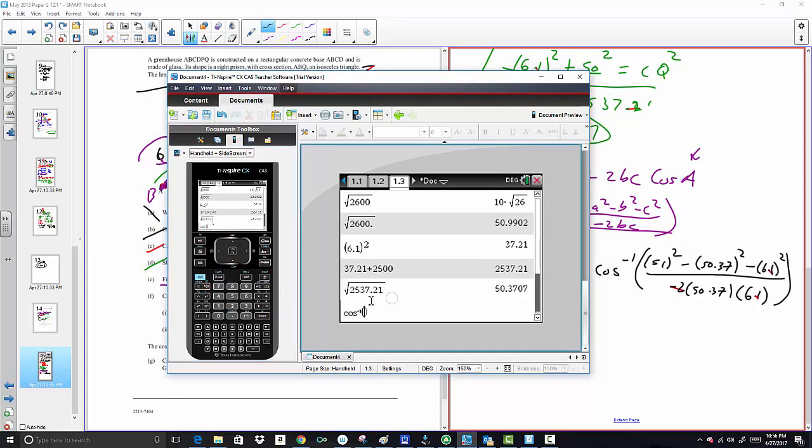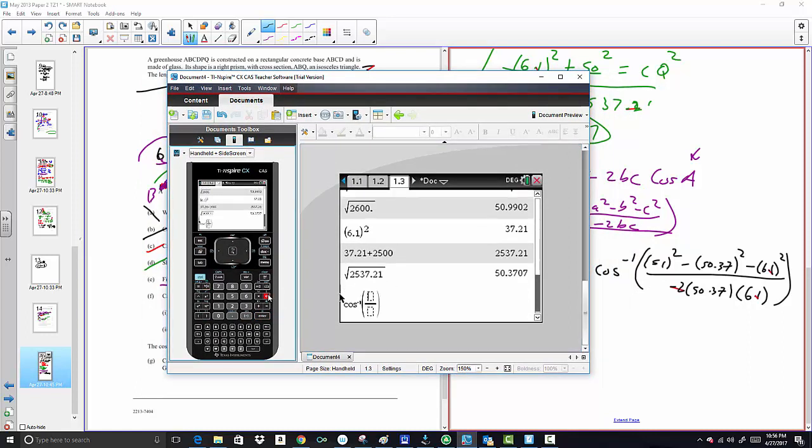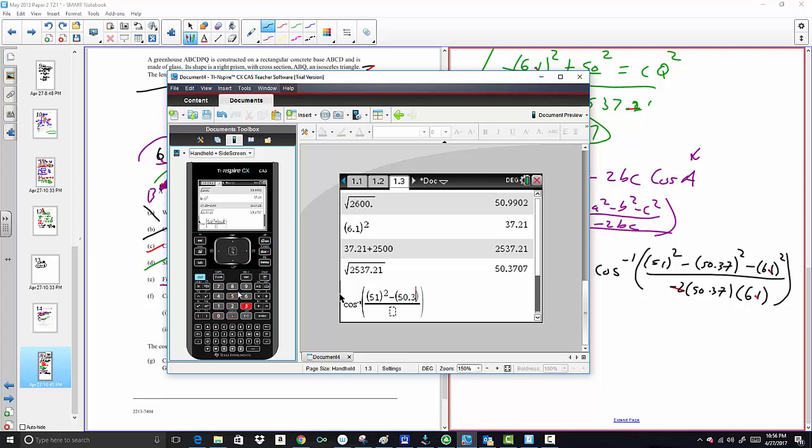All right, cosine inverse, and then I hit control divide, make a little fraction, and then always parentheses when you're squaring stuff, folks. Even if you don't, you can easily make a mistake. If you don't parenthesize a negative number, it'll give you the wrong answer. So parentheses always when you're squaring or raising to any power. So put that in parentheses, we'll square that, we'll subtract parentheses 50.37 squared minus parentheses 6.1 squared.